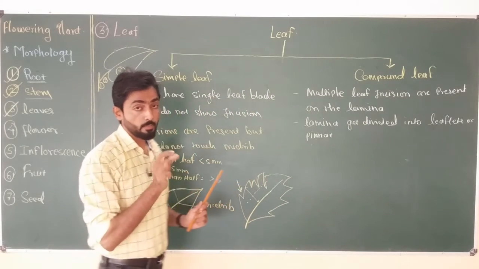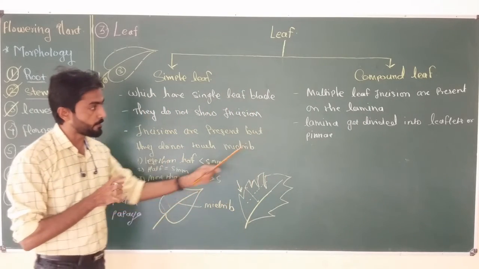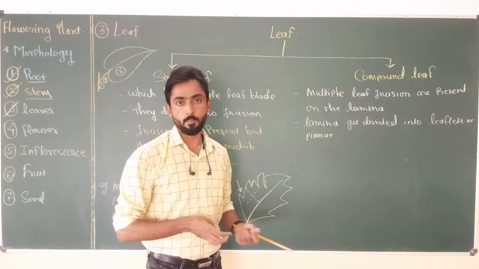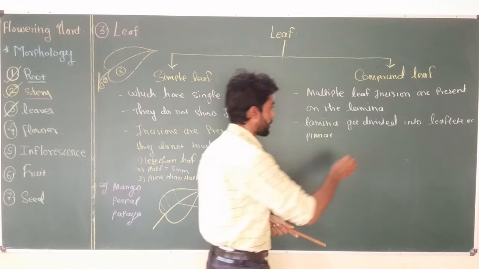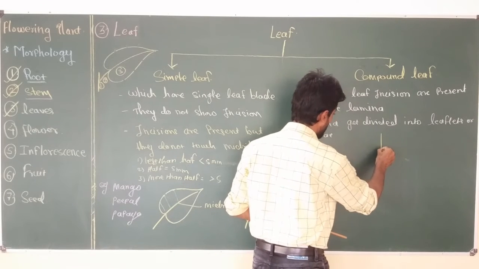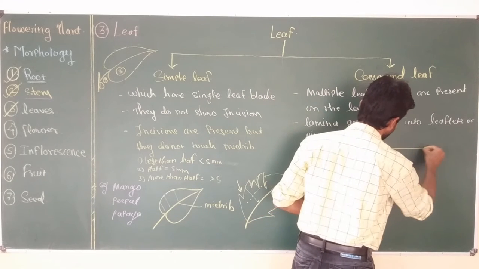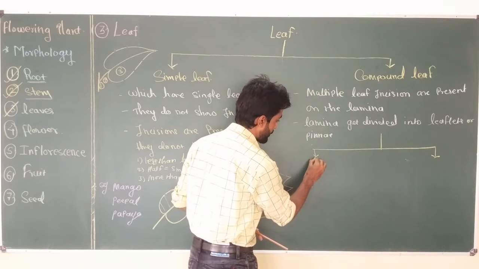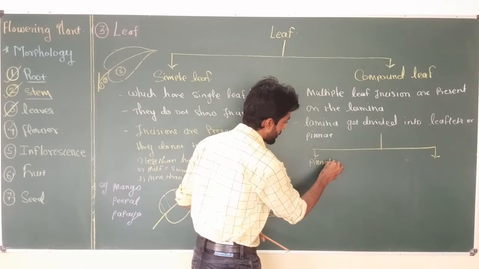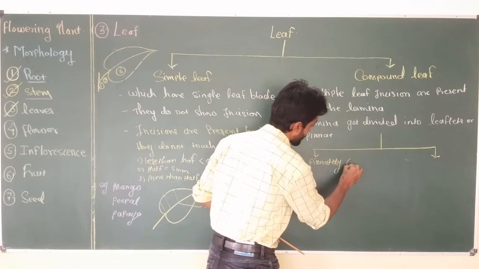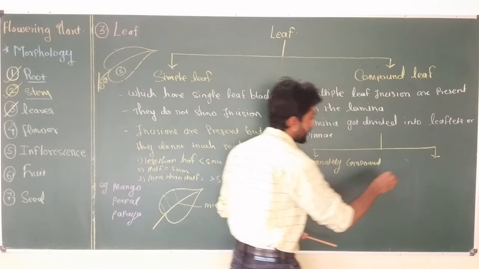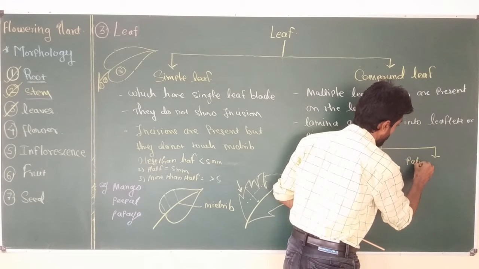Now on the basis of arrangement of these leaflets or pinnae on the axis, there are two types of compound leaves. So compound leaf is again divided into two types. Number one is pinnately compound, and number two is palmately compound.